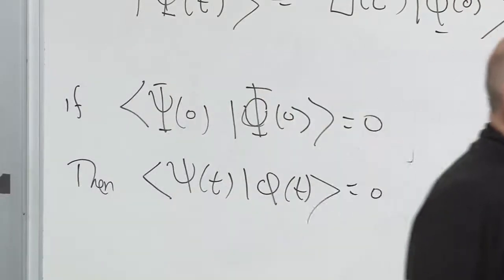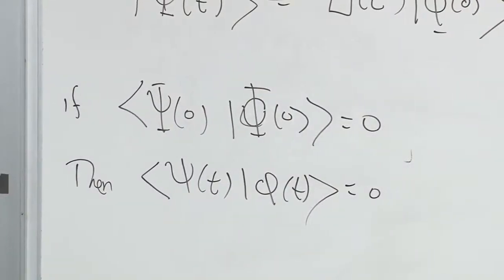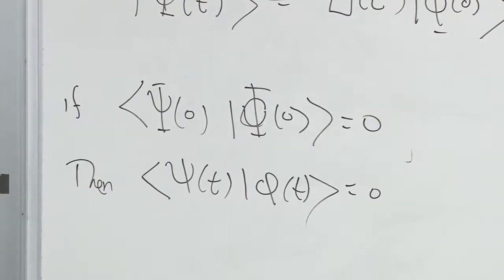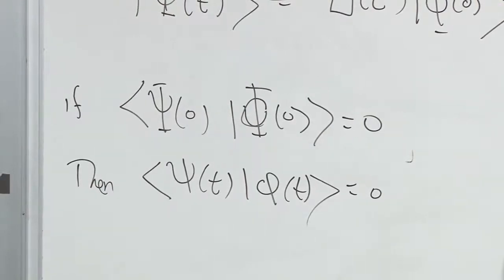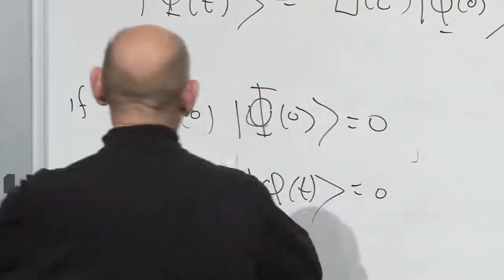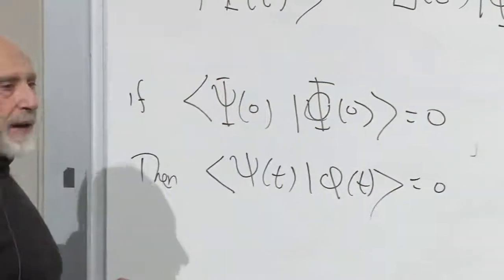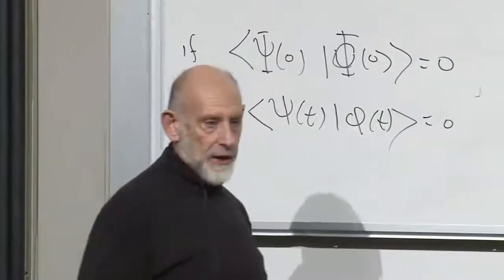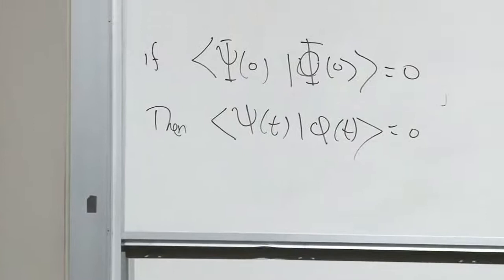It's an easy exercise. I will leave it to you to prove that if orthogonality is preserved, you can say a stronger thing. It's implied by this. If you take any two vectors, which may or may not be orthogonal, the inner product between them stays constant with time. There's a nice little trick.